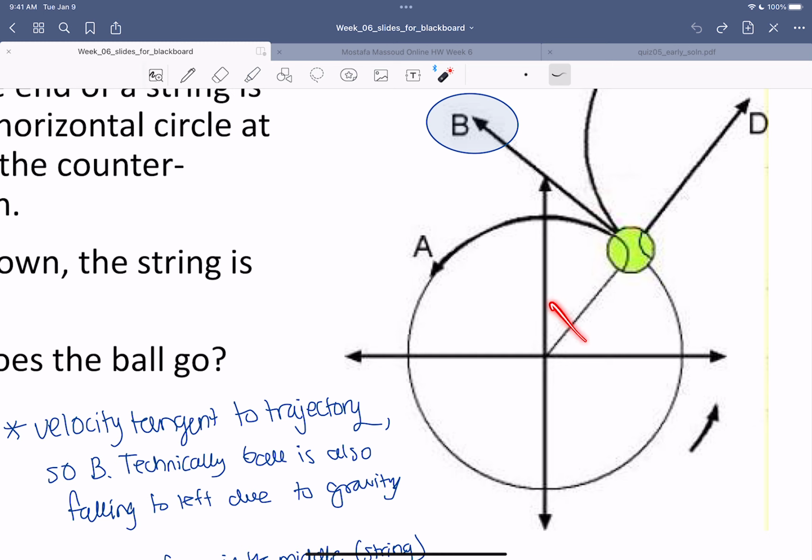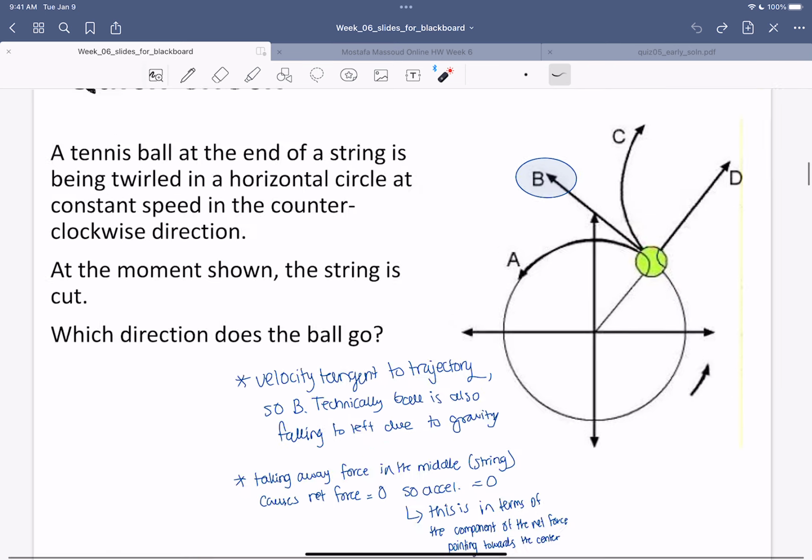So if I were to cut the string as I was spinning it clockwise, then it would go flying kind of southeast, basically. As opposed to if I was spinning it counterclockwise, then it's moving this way. And if I cut it when it's moving this way, then it's going to go flying northwest, basically. It's going to continue in that straight path that is tangent to the circular pathway.